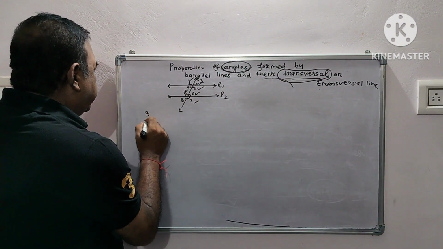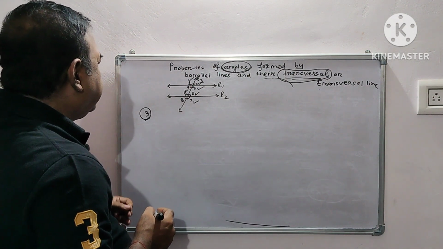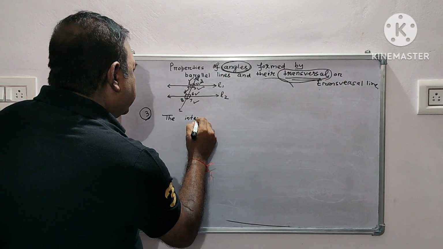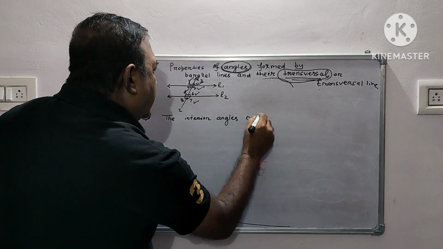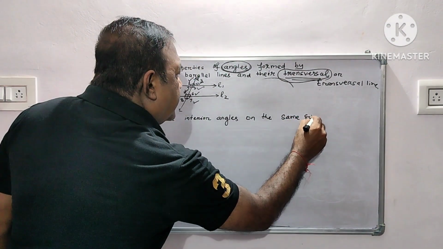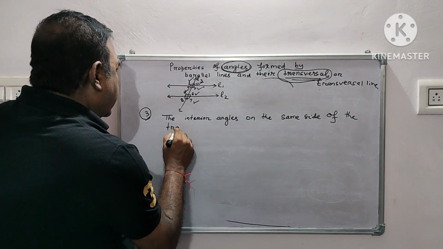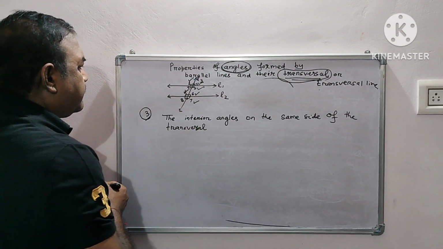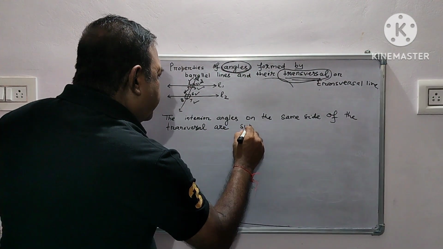What is property 3? You see, the interior angles on the same side of the transversal are supplementary.